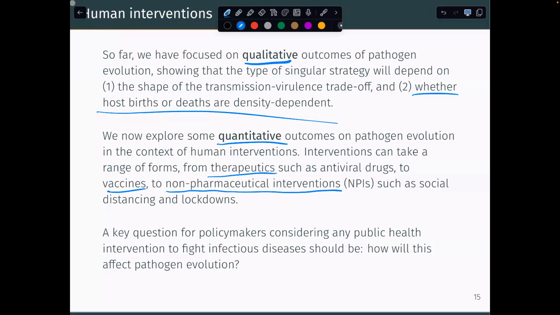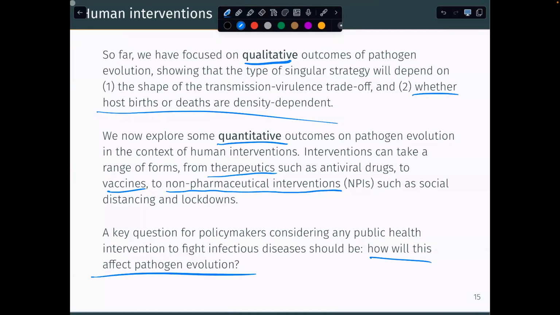So a key question for policymakers that they should consider, but often don't, is how will any of their interventions affect pathogen evolution? This was a bit of a bugbear of mine during the pandemic, because when the first variants of concern started coming out, people in public health were saying, well, no one could have foreseen this was going to happen.